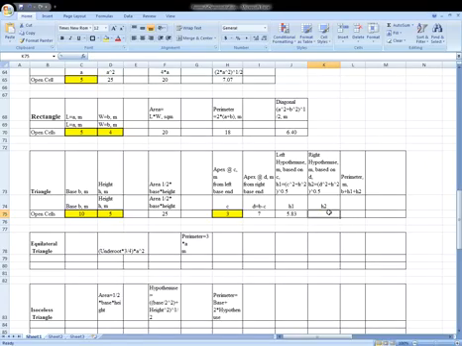Wait a minute, something is wrong somewhere. Yes, C is 75. This is D square plus H square, and H we know is the same, and this bracket closes, power 0.5, let's say.